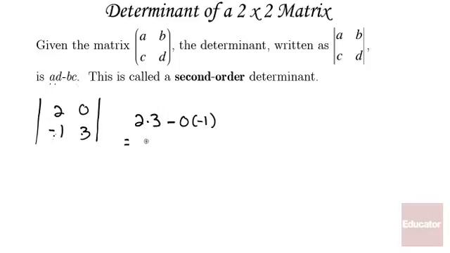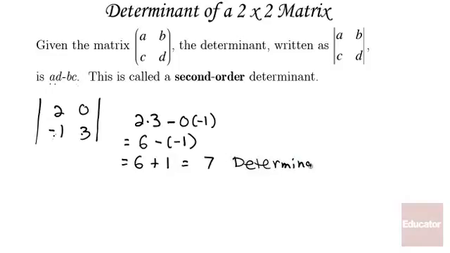This equals 6 minus negative 1, and there's a negative and a negative, which gives me a positive, or 7. Therefore, the second order determinant for this 2 by 2 matrix is 7.